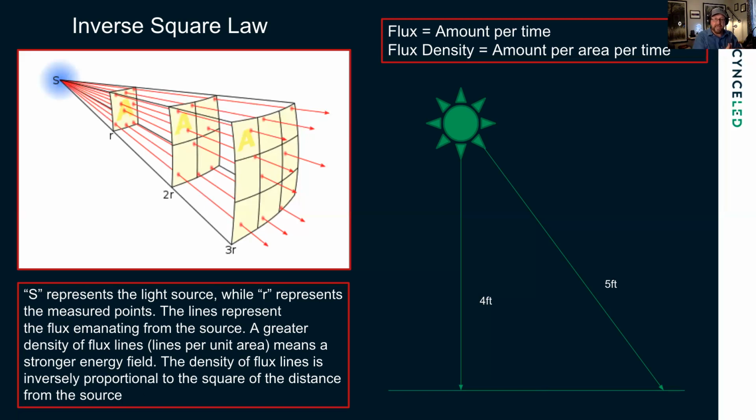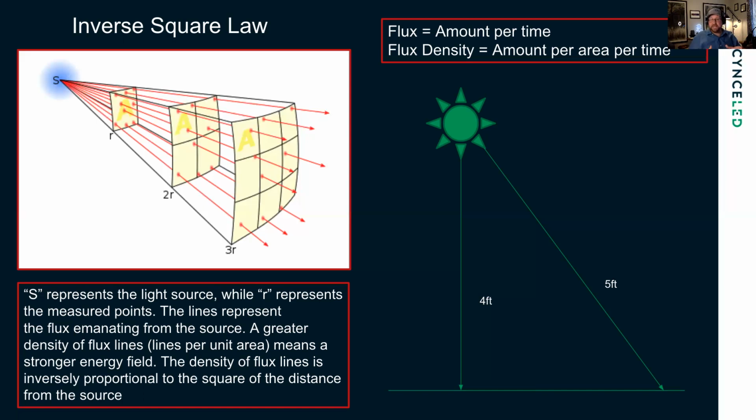Anytime you increase the angle away from straight up and down, you add distance to where it's going to hit the plane, because as you add an angle, that energy, the 4 feet, you're not going to intersect that plane anymore. So in order to get to that same plane that you want to intersect with the energy, that line has to get longer. So according to the inverse square law, there's going to be less energy impacting that plane because you're further away from the light source.